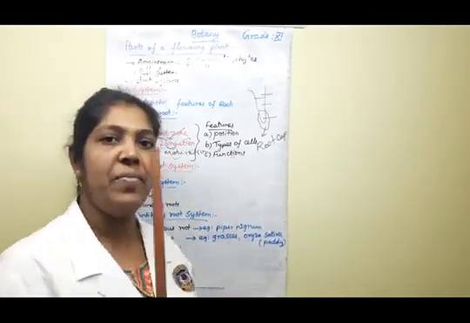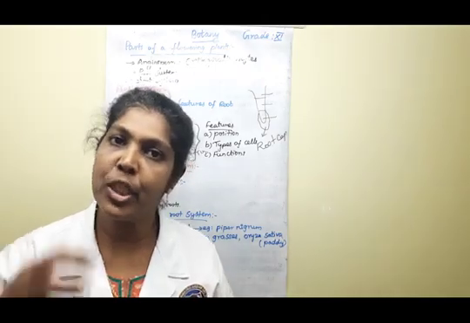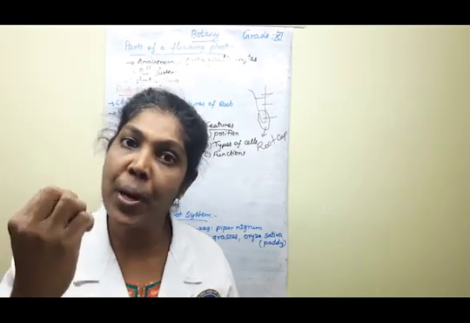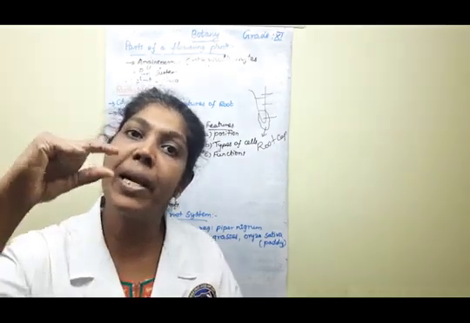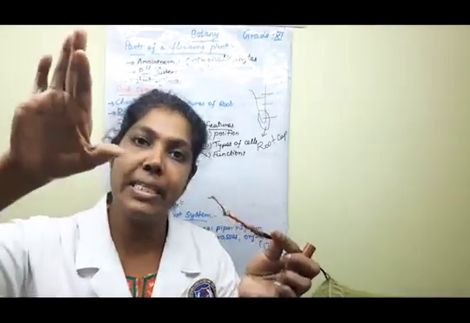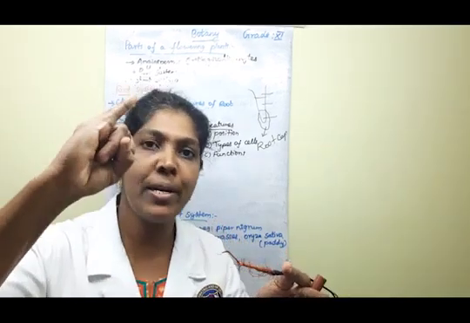Then the third one, function. I already said meristematic cells are divisible and growing, and they increase the number of cells. What will happen? The tip of the root will increase. That is the major function of the meristematic zone.